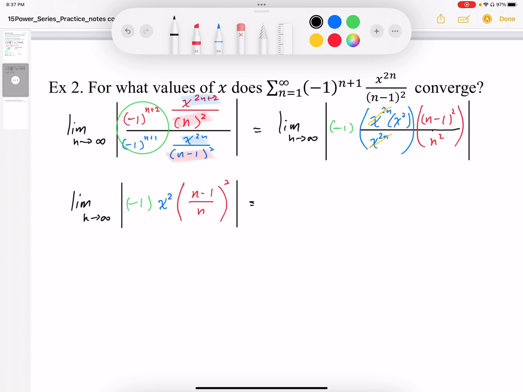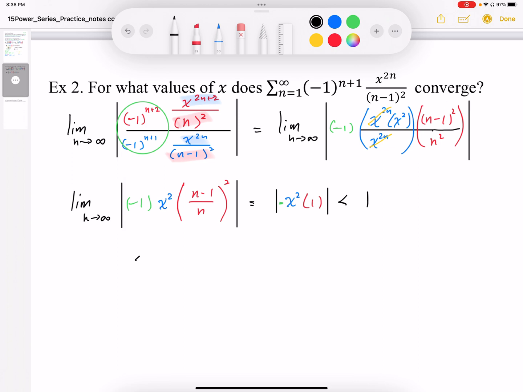Okay, so when we evaluate this limit, we have the absolute value of x squared times 1, and we do have that extra negative in there, but that extra negative really becomes not significant because of the absolute value here. And we need that to be less than 1.